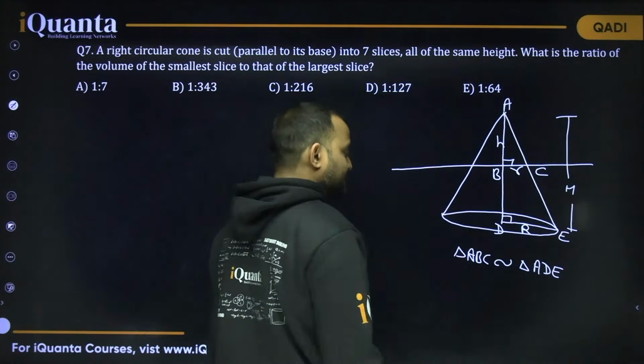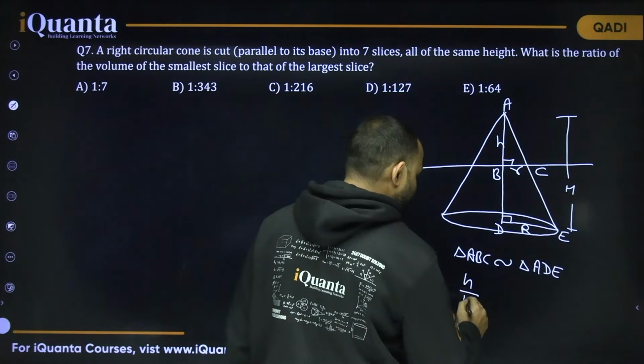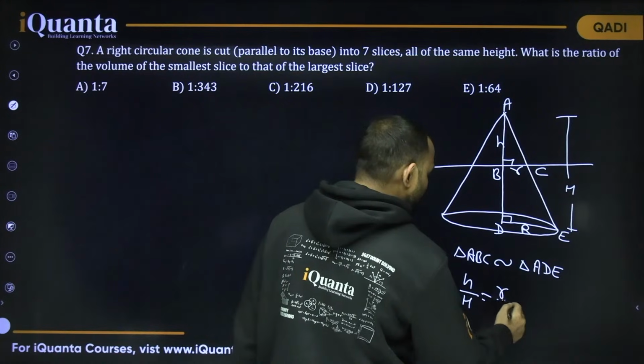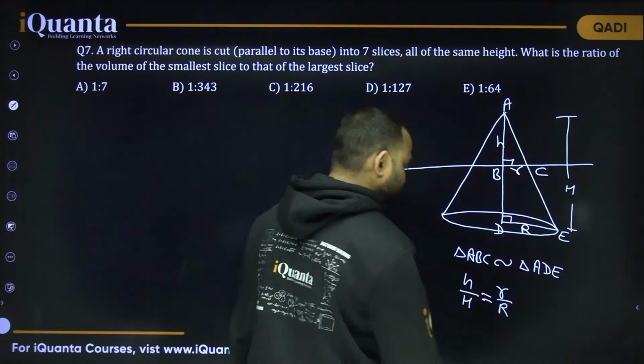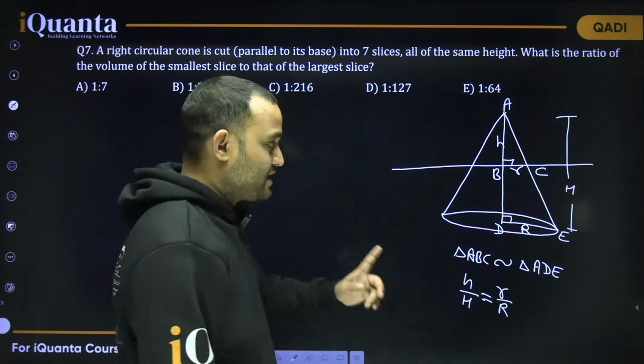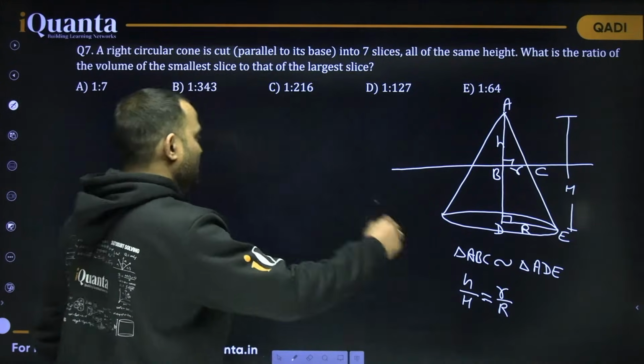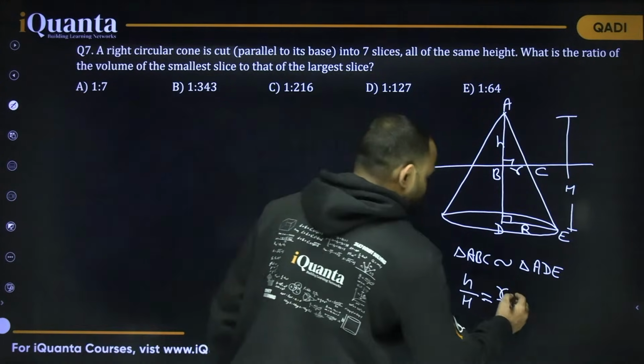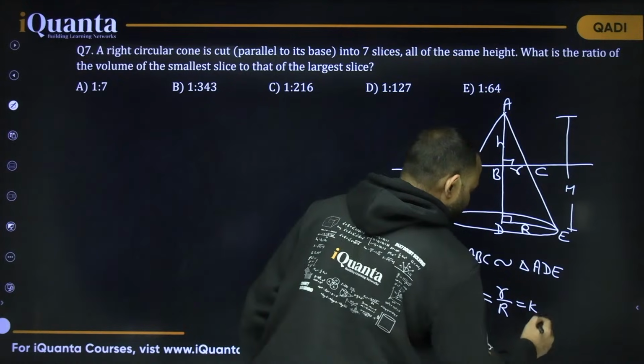So we can say that h upon H will be equal to r upon R. And that is why, if you compare their volumes, let's say if this value is equal to k, what will happen?